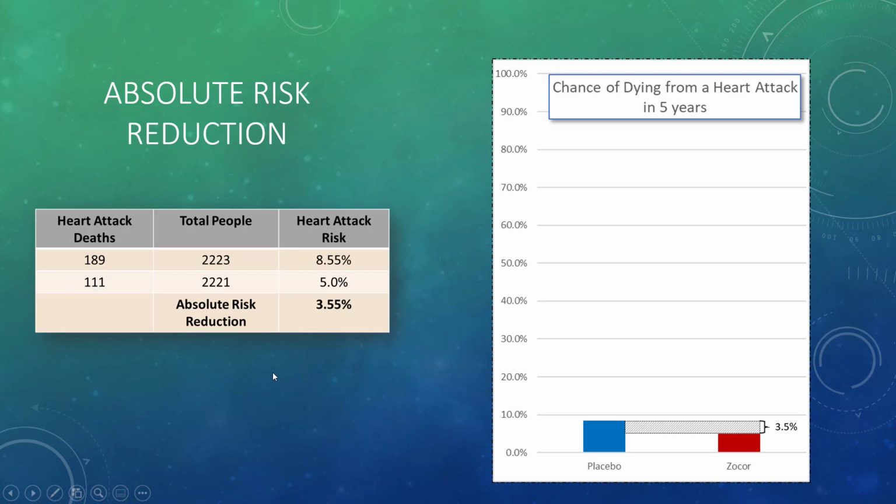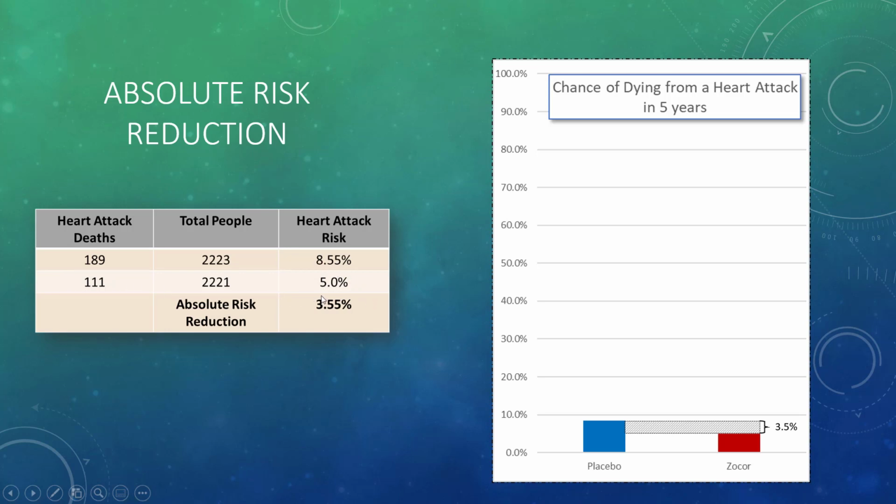So we'll look at, again, your absolute risk reduction, which is just the starting risk minus the new risk. The starting risk is the placebo group. They got no medication, so this is the risk with no medication. And then your medication group, they got the Zocor.